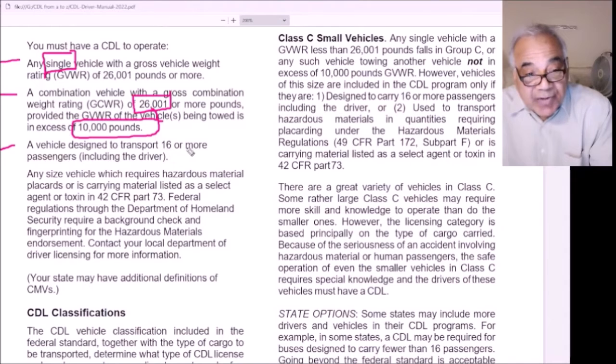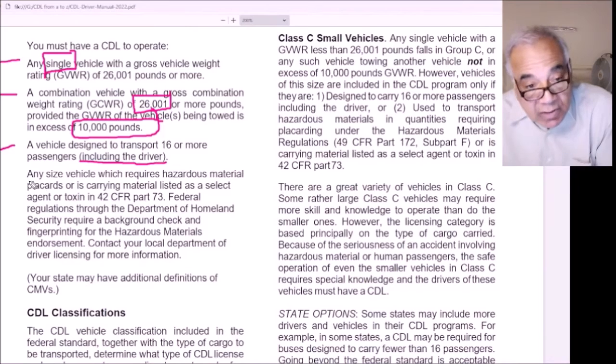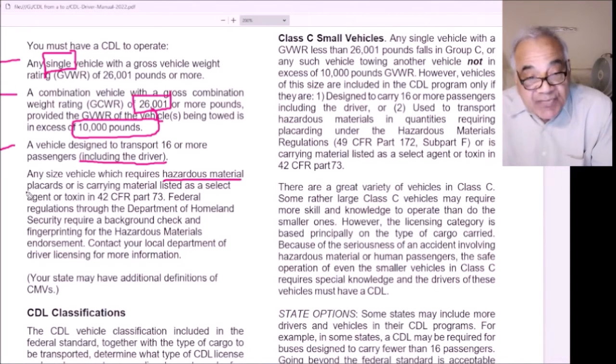In case number 3, any vehicle that transports 16 passengers or more, including the driver. So the weight of the vehicle here is not important. What's important here is the number of people in the vehicle. Any size vehicle which requires hazardous material placards. Placards are the diamond signs that are placed on the four sides of the vehicle.